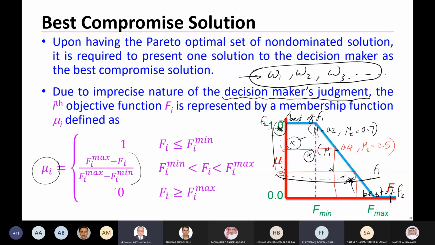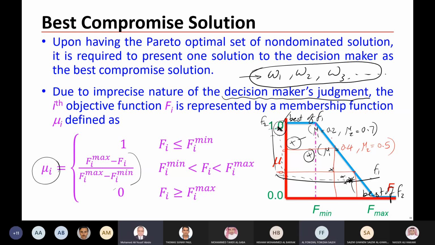We have the term fi max minus fi divided by the difference between maximum and minimum. I could see from the graph that it shouldn't be multiplied by a term here, because it's like a decreasing slope.